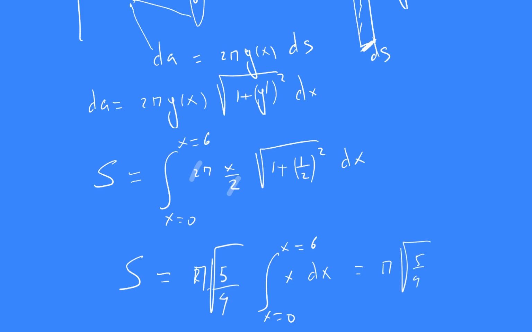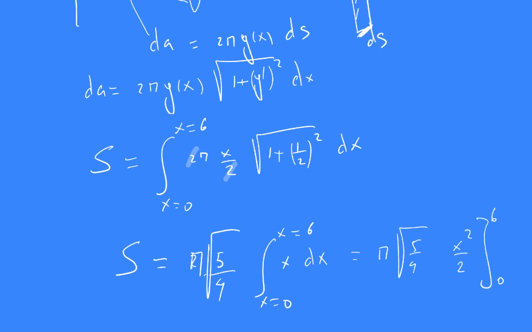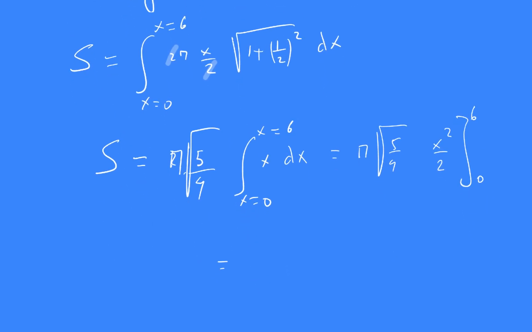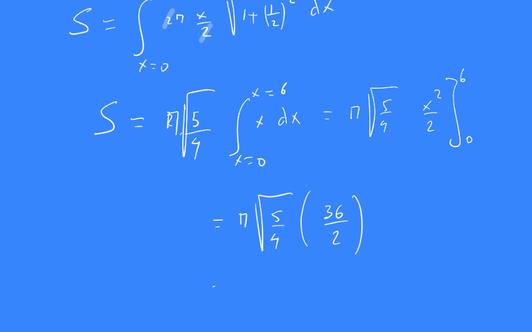The integral is x squared divided by 2, and we evaluate between 6 and 0. 0 is easy to evaluate. It will be pi square root of 5 divided by 2 multiplied by 6 squared divided by 2, minus 0.